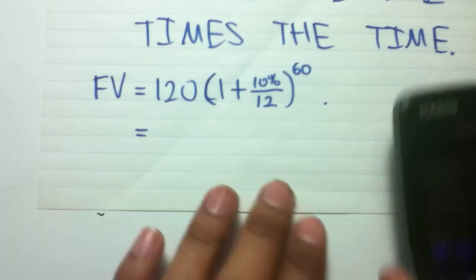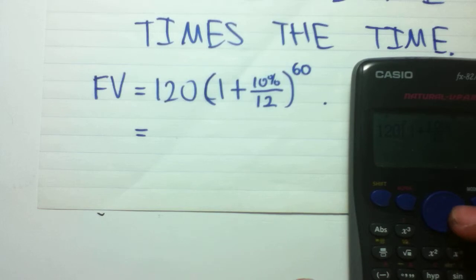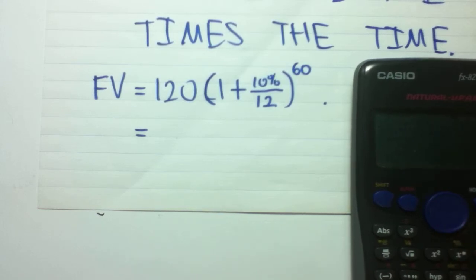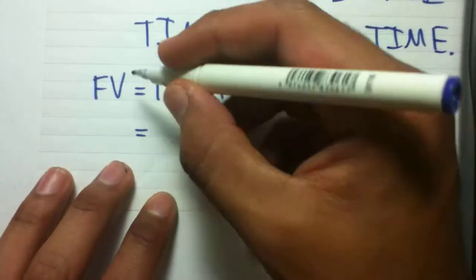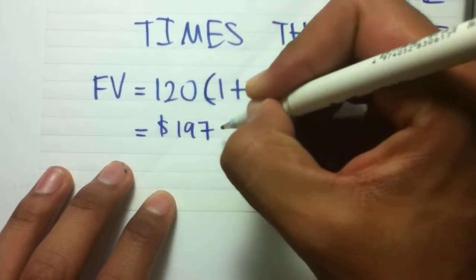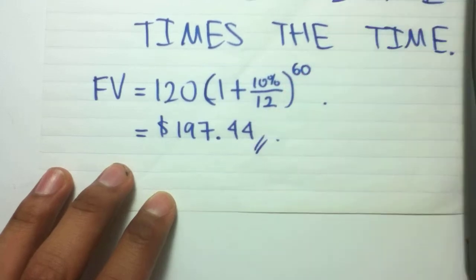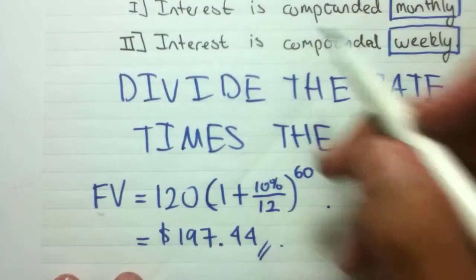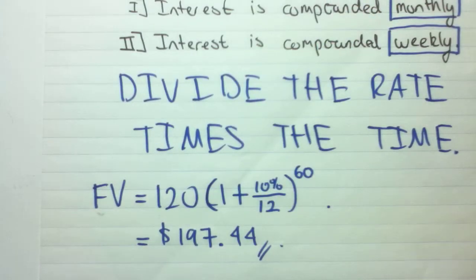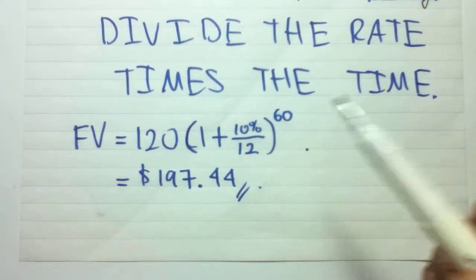And so, just doing some calculator work, our answer is $197.44. Okay, that's the answer for this part. Now, there's a reason why I didn't simplify this expression right here, 10% divided by 12.